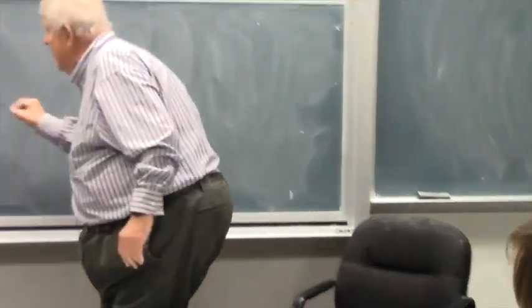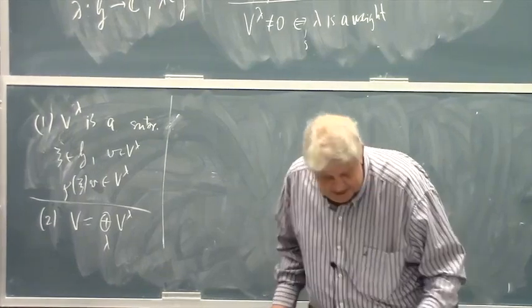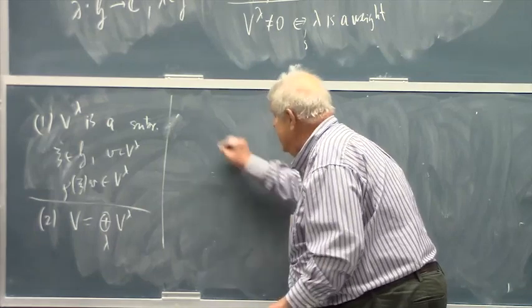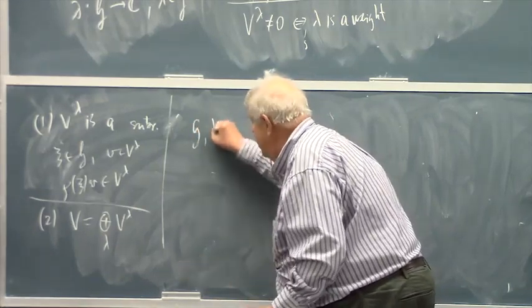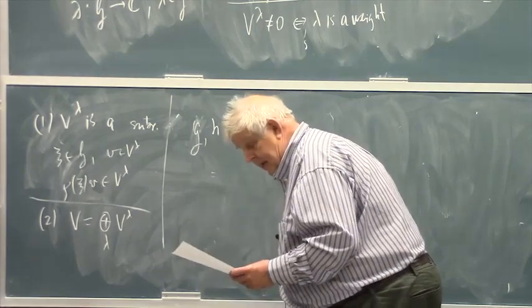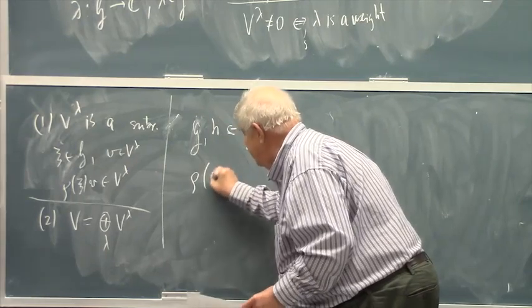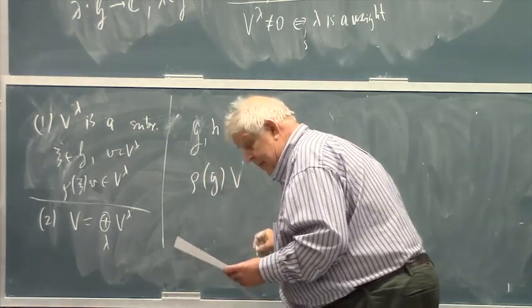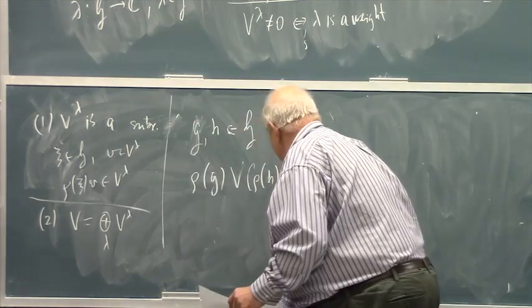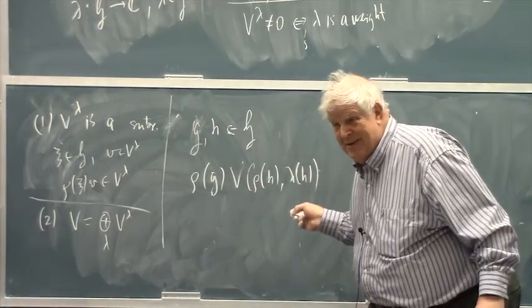I prove slightly more, because I fix G and H in H, and then I prove that rho of G applied to V, within V lambda of H, is something which doesn't know anything about the representation.